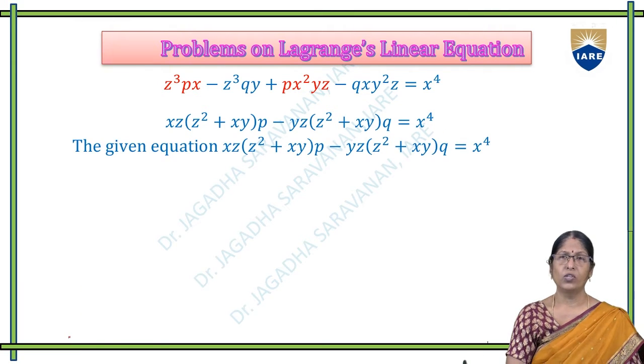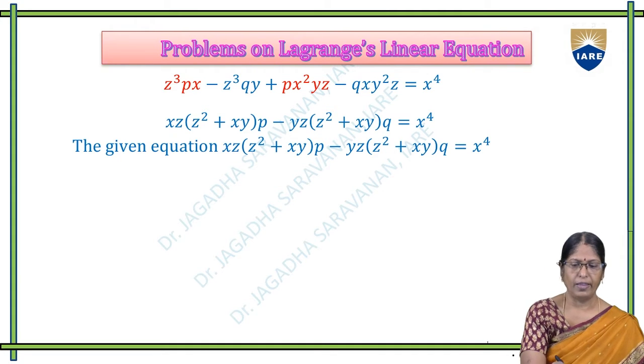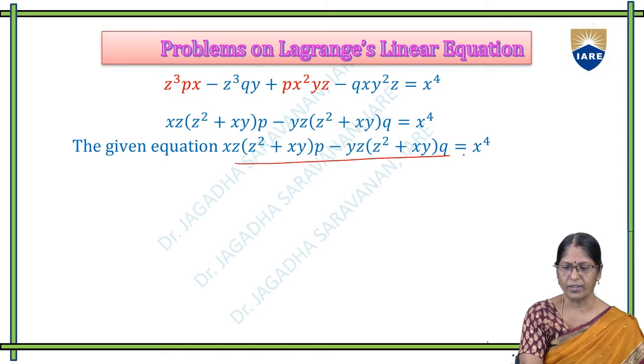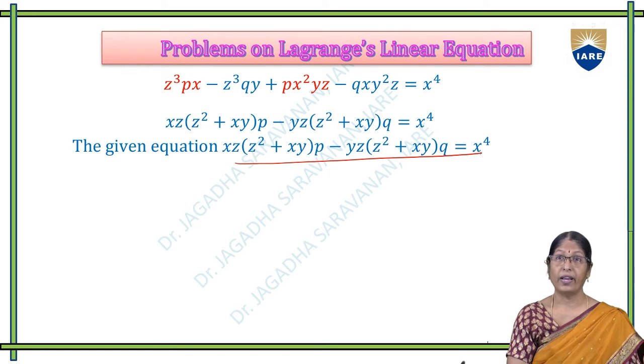Now the given equation is xz(z² + xy)p − yz(z² + xy)q = x⁴.